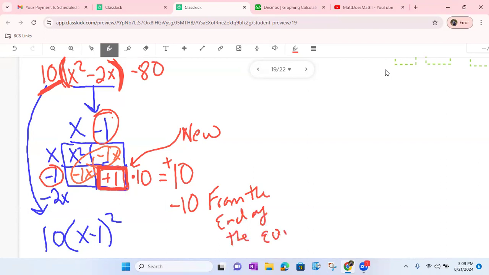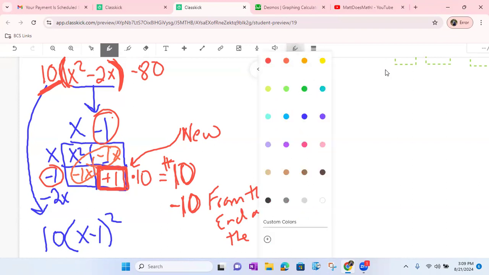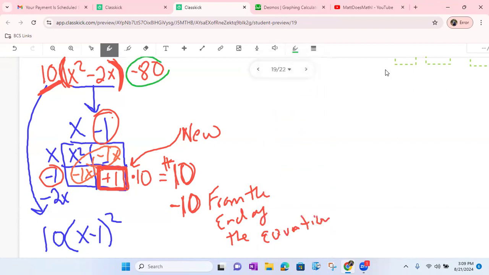And the reason why we do that is simple. If I am adding a new 10 to the equation, and I subtract 10 in the equation, well, what is 10 minus 10? 10 minus 10 is 0, so nothing really changes. So what we're going to end up doing is we're going to take this negative 80 that we started with, bring it down, minus 80.